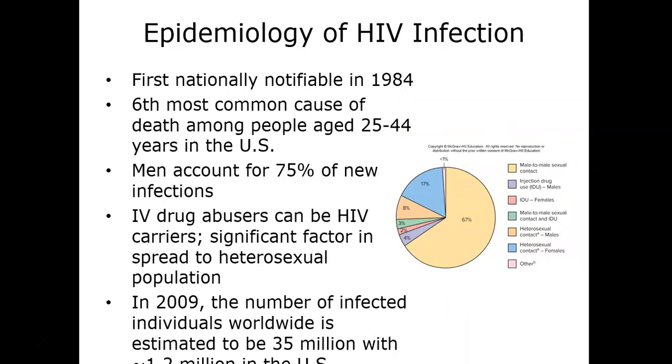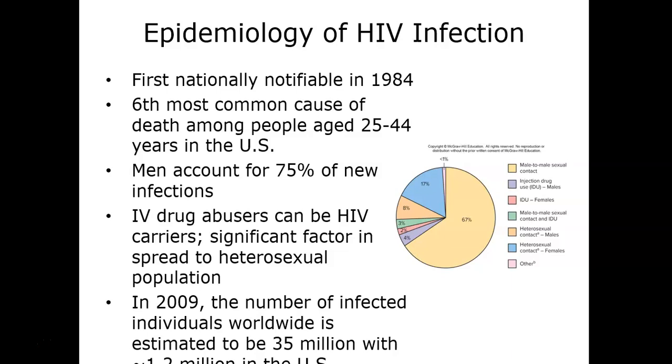It was first deemed a nationally notifiable virus by the CDC in 1984, and it's now the 6th most common cause of death for folks between the ages of 25 to 44, with men accounting for about 75% of those infections.